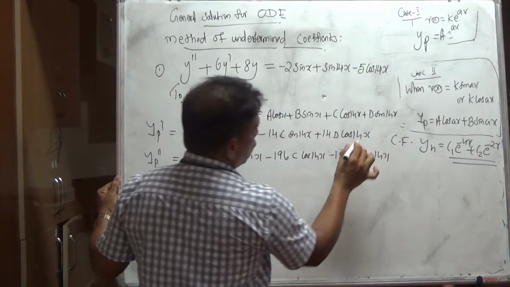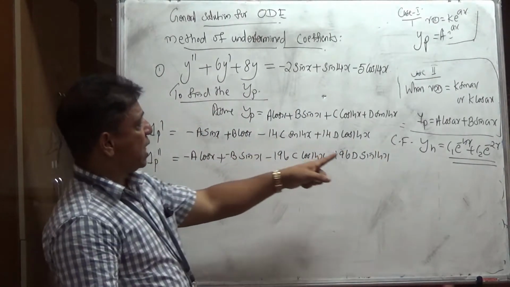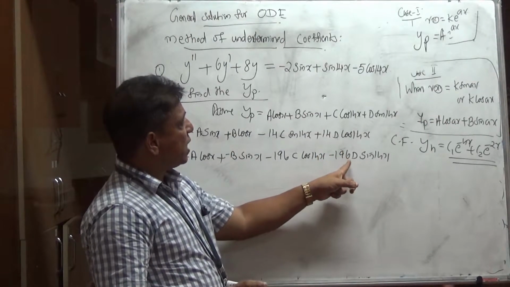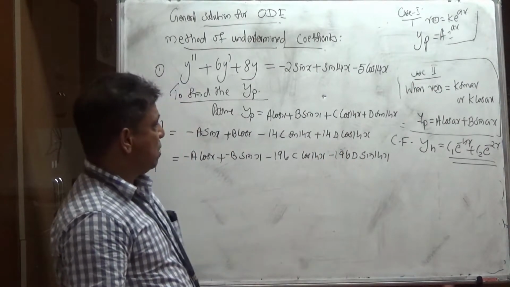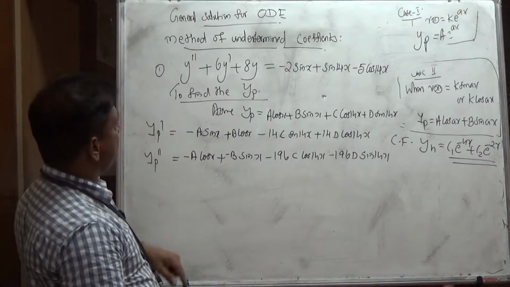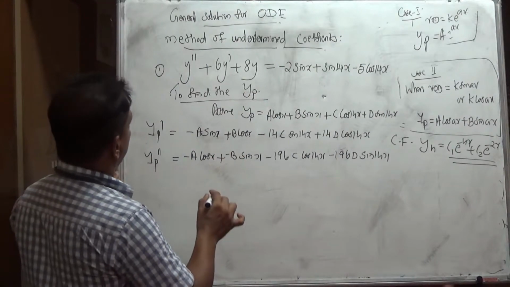The reason is the derivative of cos 14x is minus 14 sin 14x, so again minus 14 into 14 gives minus 196d sin 14x. We have found yp dash and yp double dash. Then we substitute into the given problem.